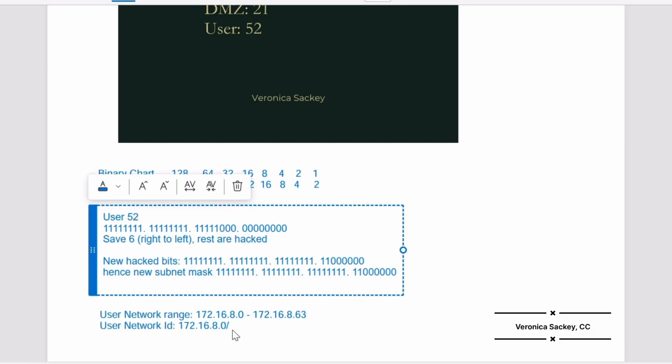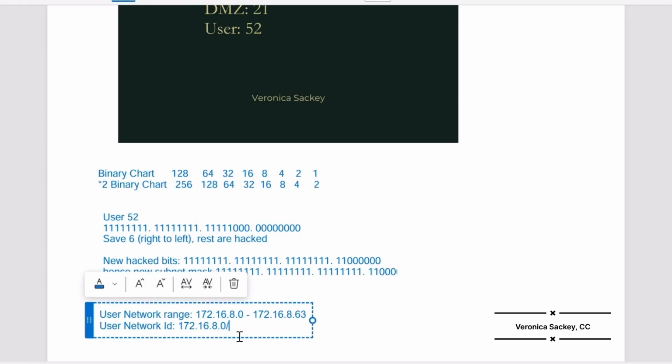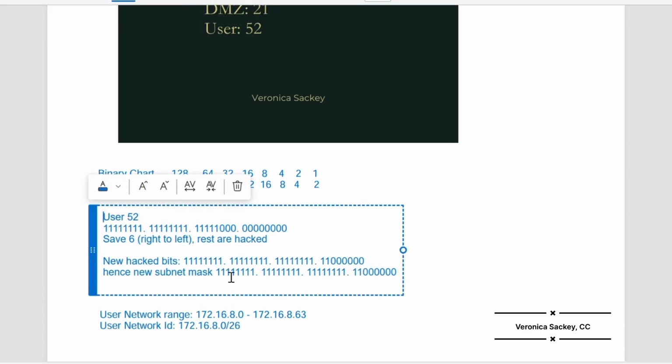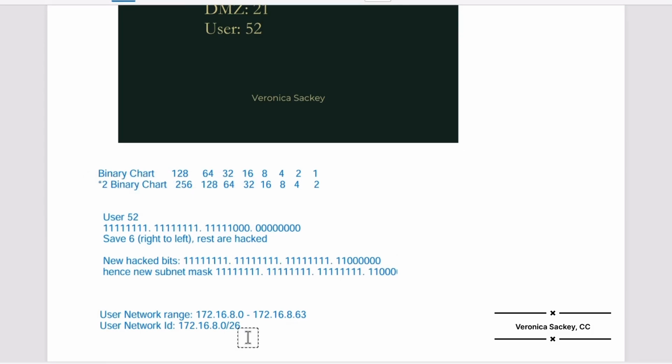Okay, so /26. Why is it 26? Because we started with 21. We now have how many ones over here? This is 8, 16, plus another third set is 24, 24 plus 2, 26. So this is the approach we use for VLSM.